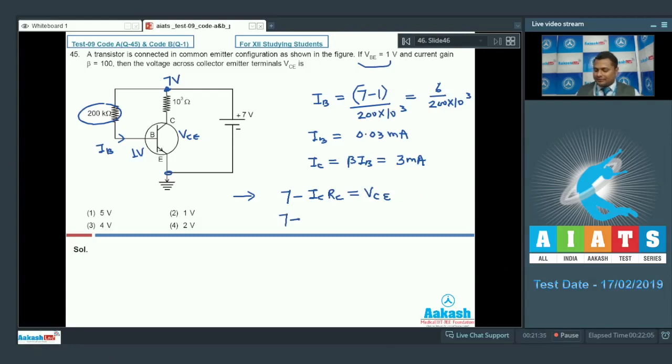So we will get 7 minus IC, which is 3 into 10 to the power minus 3, into RC, which is 10 to the power 3, equal to the collector emitter voltage. So VEC or VCE, we ultimately get 7 minus 3, that is 4 volt. 4 volt is our answer, and we will proceed with the third option. The third option will be absolutely correct.